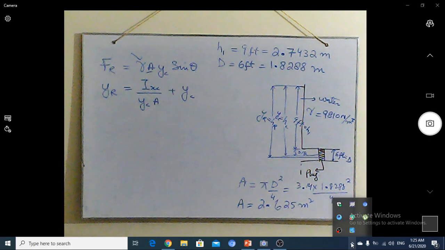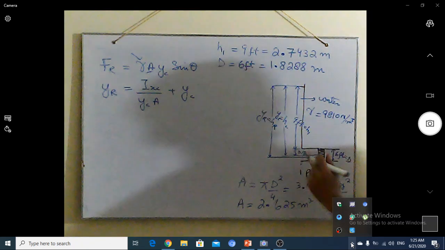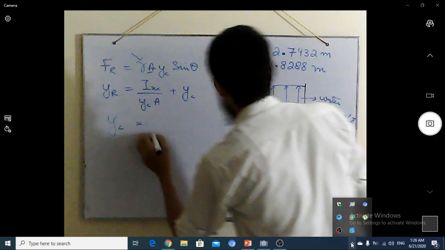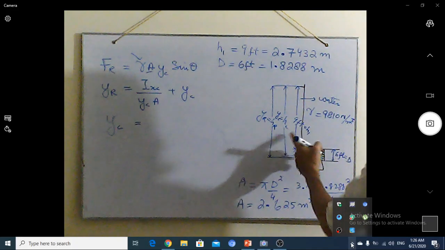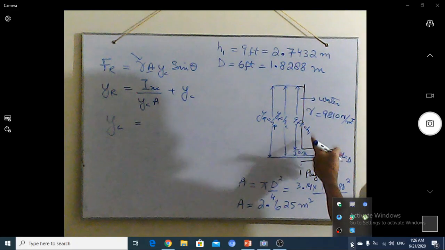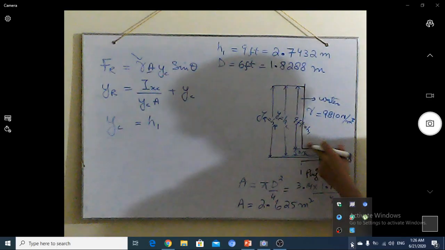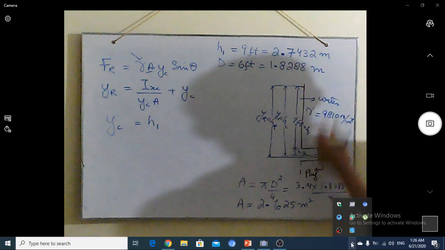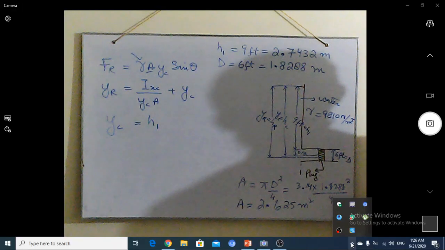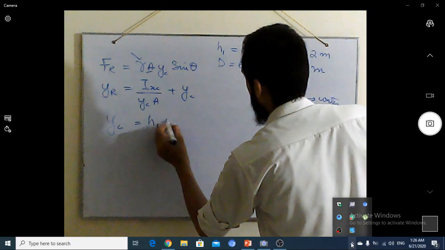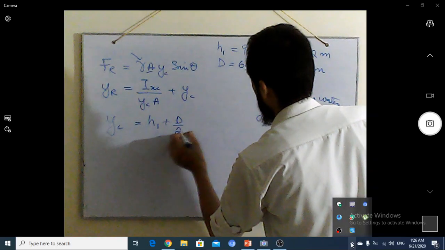It is hard to visualize, but here I write that YC equals H1. H1 is the height of this whole part, 9 feet, you can see from the figure, plus D by 2.